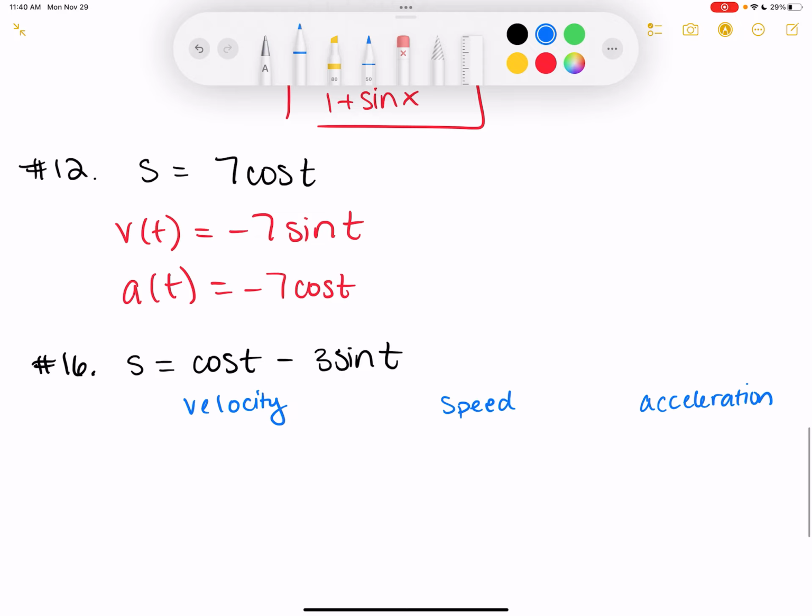So part A, I want v of t is equal to what? So what is the derivative of the position? Negative sine of t minus 3 cosine of t.